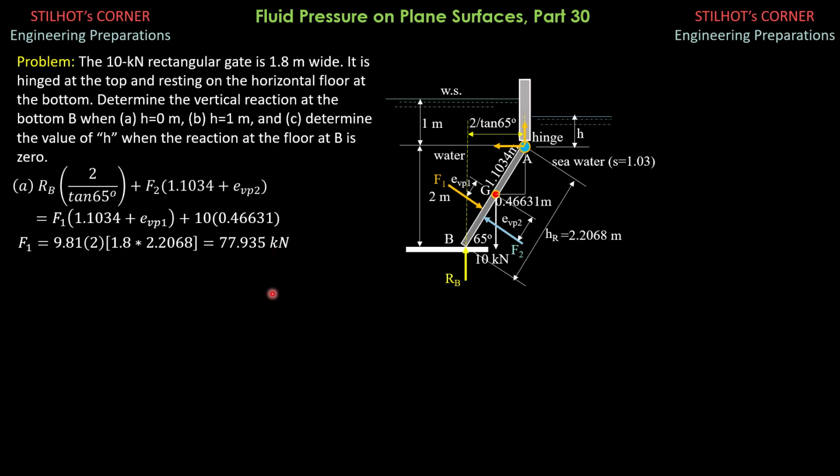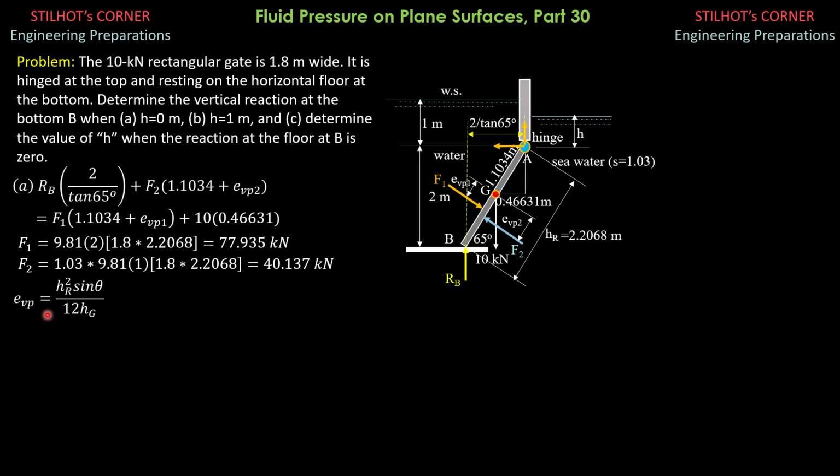F2 is, because H is 0, it is just specific weight of seawater 1.03 times 9.81. Hg is 1 meter, half of 2. Then the area is the same, 1.8 times 2.2068, and that's 40.137 kilonewtons. Then the general formula for EVP is height of rectangle squared sine of theta divided by 12 Hg.